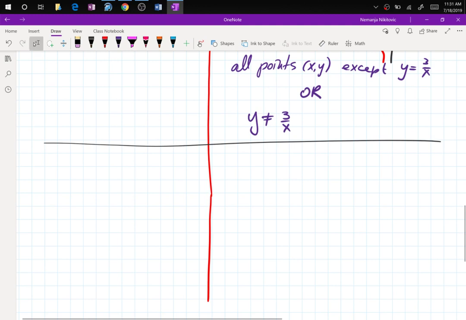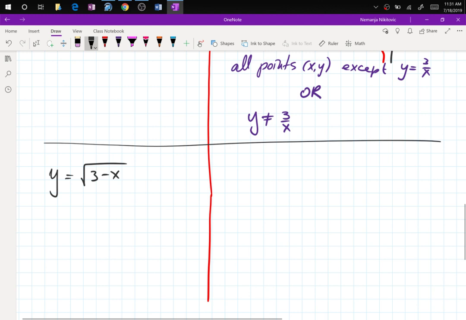Next example would be in R2, you had y equals square root of 3 minus x. That is what we call a radical function. To find the domain, you know that you are supposed to set the argument larger or equal to 0, because if the numbers under the root are positive or 0, the answer would be real.